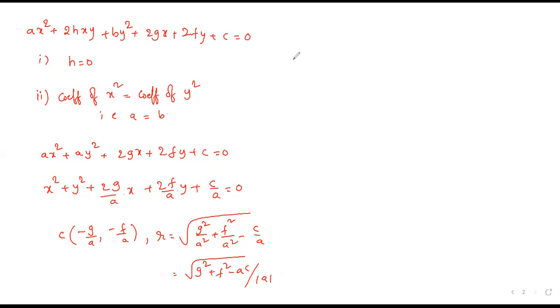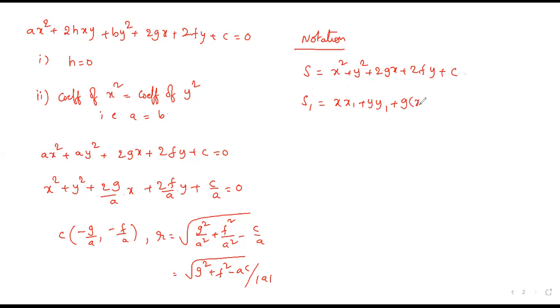Next, in this chapter, we follow some notations. That is, S equals x square plus y square plus 2gx plus 2fy plus c, and S1 equals xx1 plus yy1 plus g into x plus x1 plus f into y plus y1 plus c.